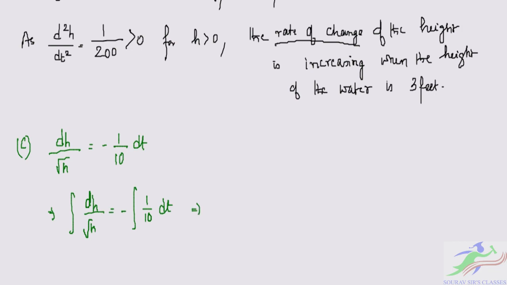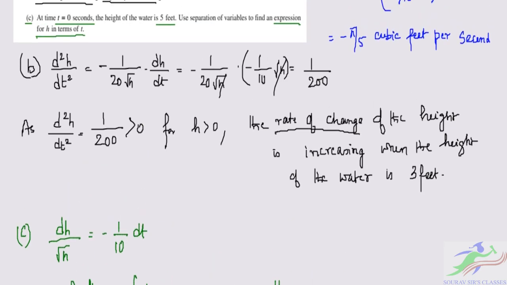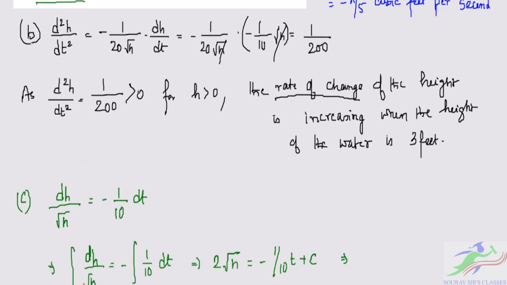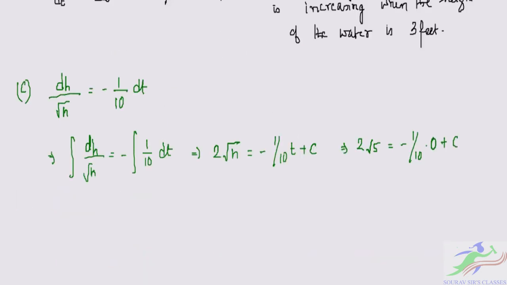So it will be simply 2√h = -(1/10)t + C. Now h is 5 feet at t = 0, so 2√5 = 0 + C. So C is nothing but 2√5.